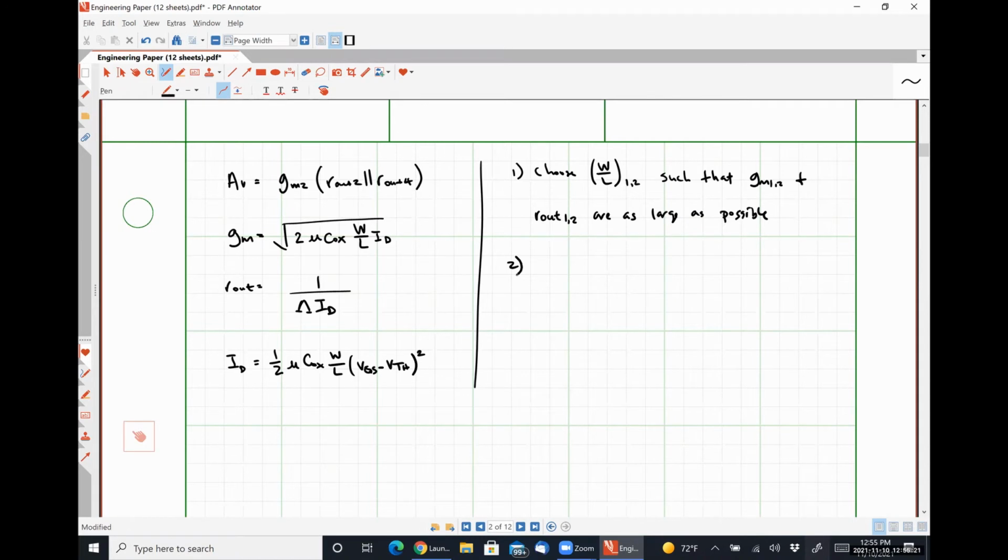And then separately, for the same reasons, we have to make sure that our aspect ratio for transistors M3 and M4 give us a maximized value for R out 3 and 4. Make sense?